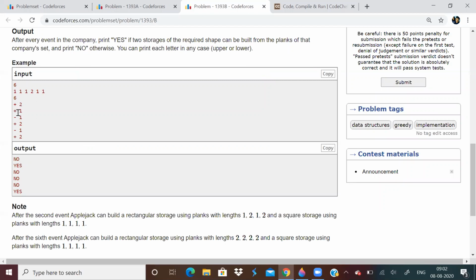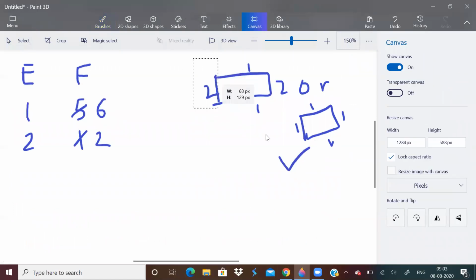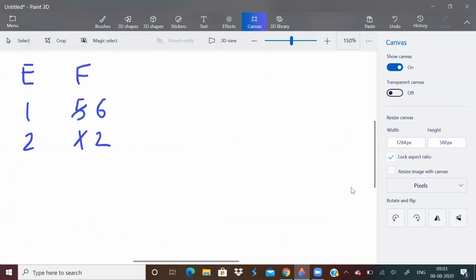Now, the second event, we get one more 1. That is what we needed, right? Now we have 6 ones and 2 twos. So we can make a rectangle and a square, so we print yes. I hope you're understanding what the question is asking.